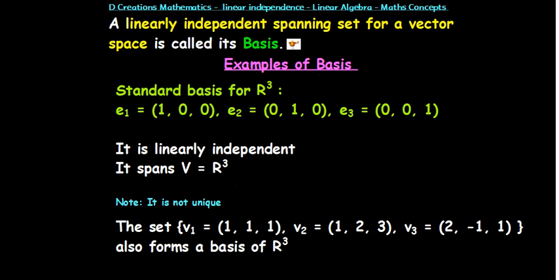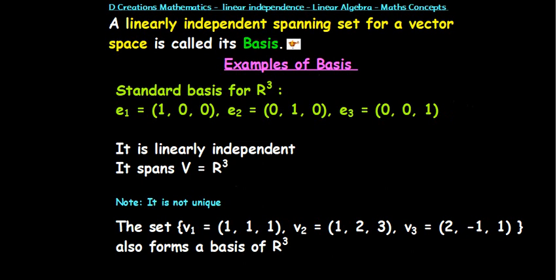What about R3? If you consider a set of vectors (1, 0, 0), (0, 1, 0), (0, 0, 1), these vectors form a spanning set for R3, because if you take any vector from R3, say (5, 4, 9), you can write it as 5 times the first vector plus 4 times the second vector plus 9 times the third vector.